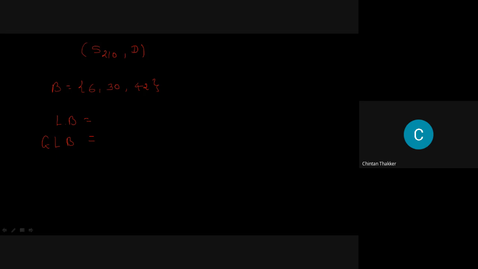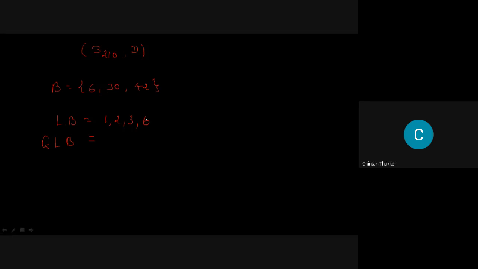Just 1, 2, 3 only. 6 does not divide. So here the lower bounds are: 1 divides these three numbers. So 1, 2, 3, and 6 also. 6 divides 6, 6 divides 30, and 6 divides 42. So we have these 4 lower bounds.